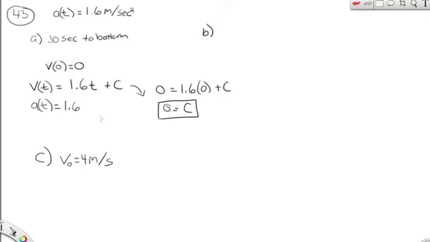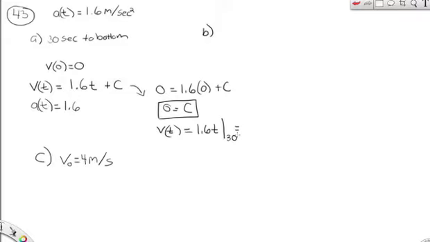So that means my velocity equation can be simplified, and again I'm just completely making a mess of this. I get a velocity of 1.6 t. They want me to plug in 30 to find out how fast I'm going right before I hit the bottom, because apparently it takes 30 seconds to get down.